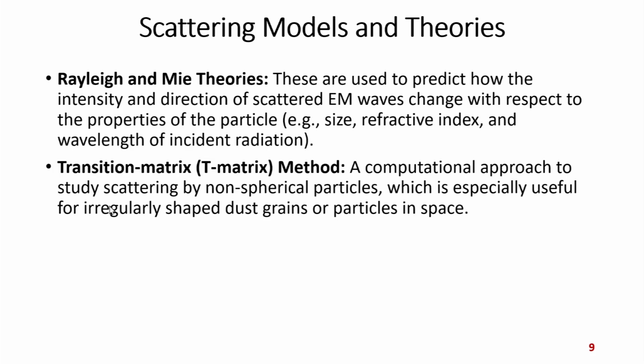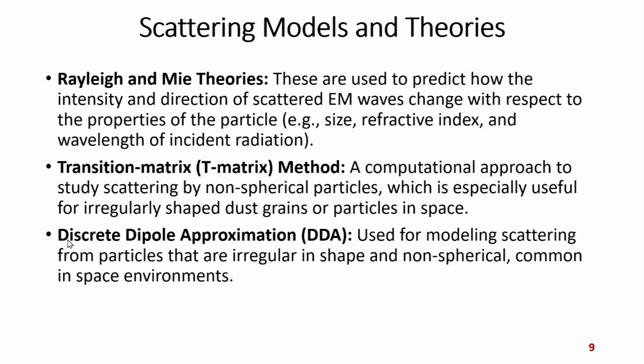There is a numerical, computational electromagnetics method called the transition matrix or T-matrix method, used to study scattering by non-spherical particles. Essentially, Maxwell's equations are solved numerically by matrix method for irregularly shaped dust grains or particles in space.